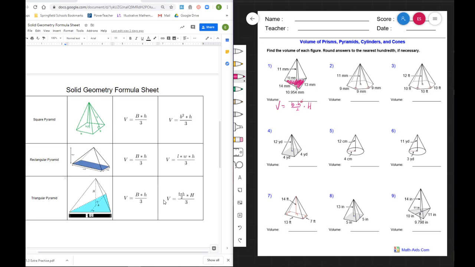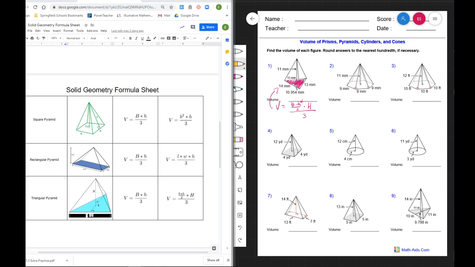The triangle on the bottom is base times height. The base is 14, the height is 13, times the height of our pyramid, which is 11, and whatever number we get there, we divide by 3. That's our formula for this particular object. We identify the shape of the base, and then we use that to find the formula for the object.